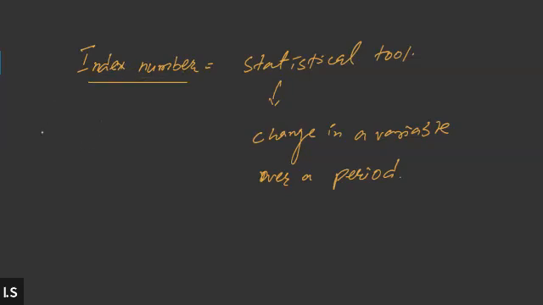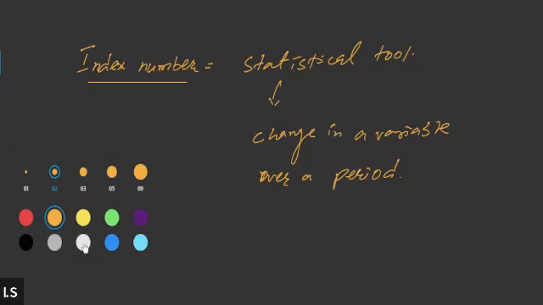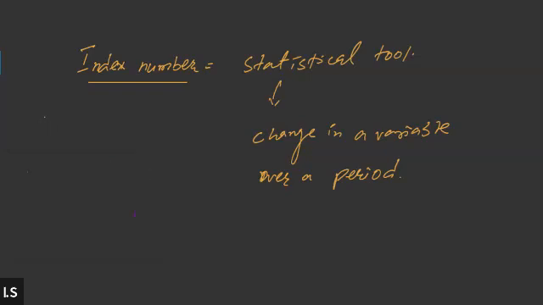Let's suppose I wanted to know the price of a commodity in the year 2015. I'm talking about price as the variable. The price in the year 2015 for a commodity was 100 rupees only. Now in the year 2022, the price of the same commodity is, let's suppose, 145 rupees.